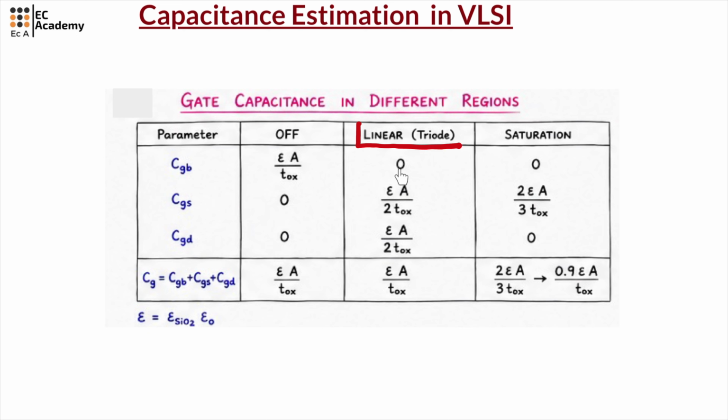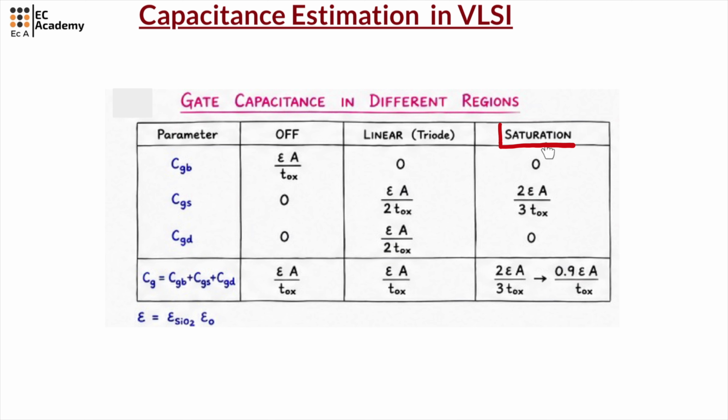In the linear region, CGB will be 0, CGS will be epsilon A divided by 2 TOX, and CGD will be epsilon A divided by 2 TOX. Therefore, total gate capacitance will be CG equal to epsilon A divided by TOX.